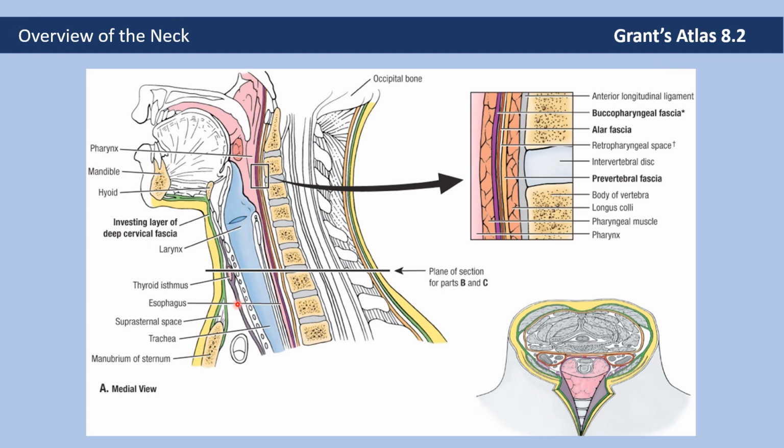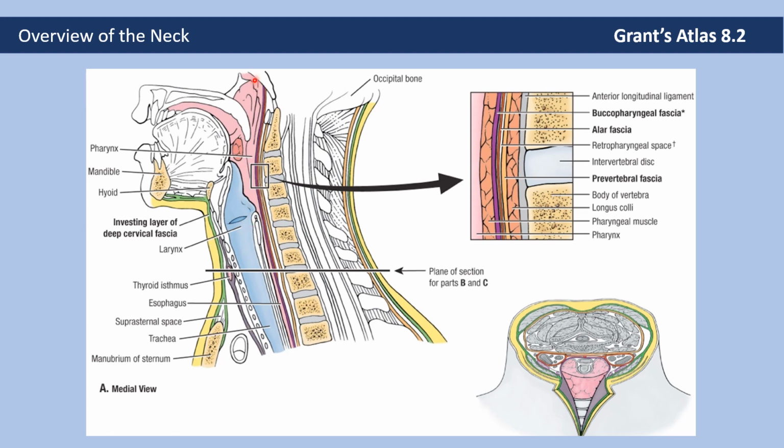So again, in the neck, we're talking about the larynx, which is that part that is responsible for voice production. It extends from the hyoid here to the trachea, shown here, and is located anterior to the bodies of vertebrae C3 through C6.